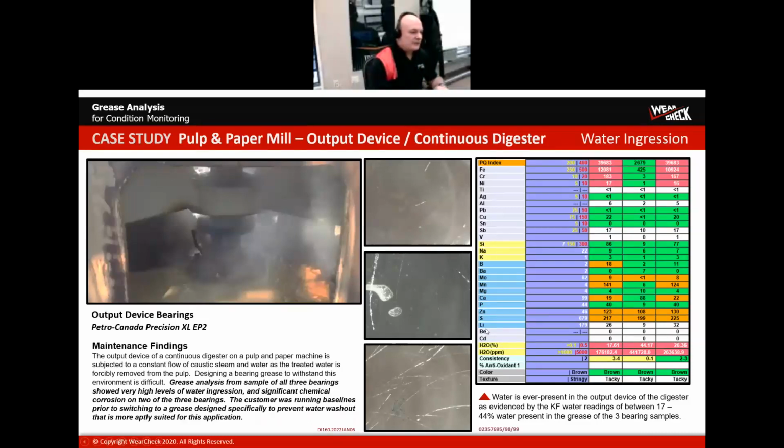The customer was doing some baseline testing on the greases prior to switching out from an extreme pressure grease to a grease that was designed for more water repellent characteristics. I'm still waiting for the subsequent samples now that they've implemented, so they went to a calcium-based grease now. Be curious to see what the results look like.